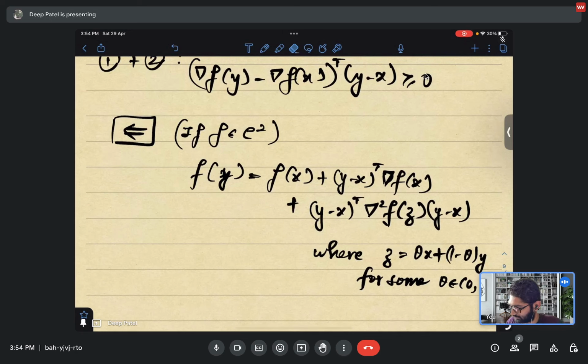This is the mean value theorem, second order mean value theorem.